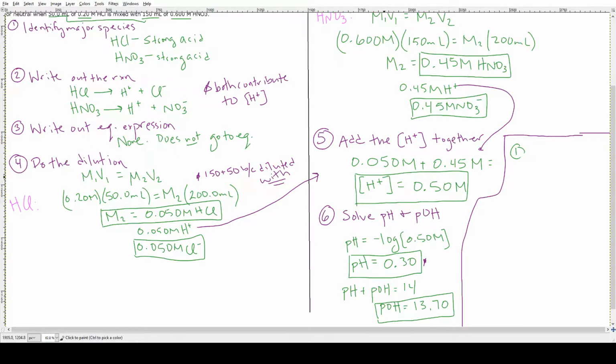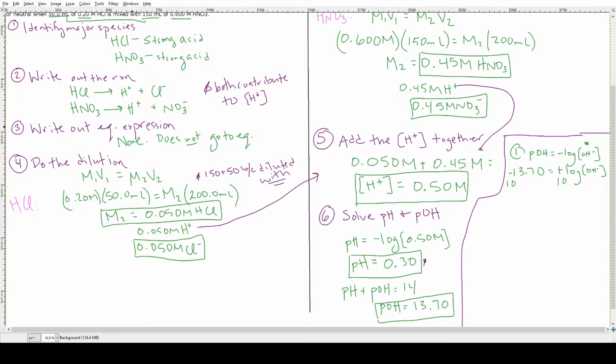You learn from your mistakes, right? That's how it works. Okay, so we know pOH is equal to the negative log of the concentration of hydroxide, which is what we are looking for. So I'm going to plug in 13.70 is equal to the negative log of my concentration of hydroxide ions. I'm going to switch the negative over to that side. I want to get rid of the log, so I'm going to use that base 10 to get rid of it.